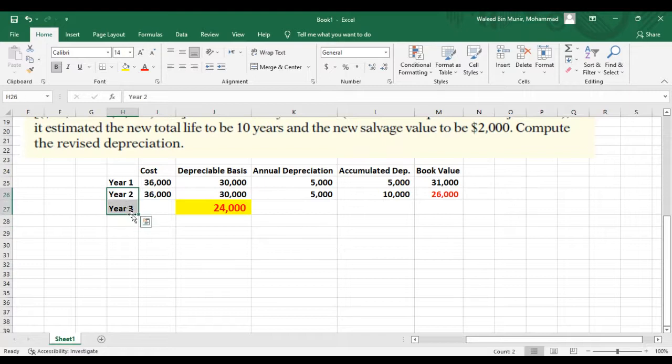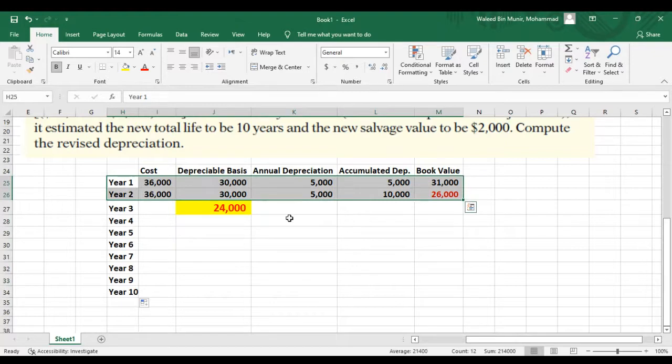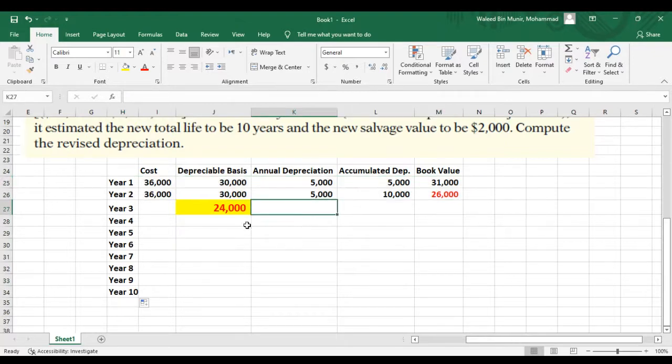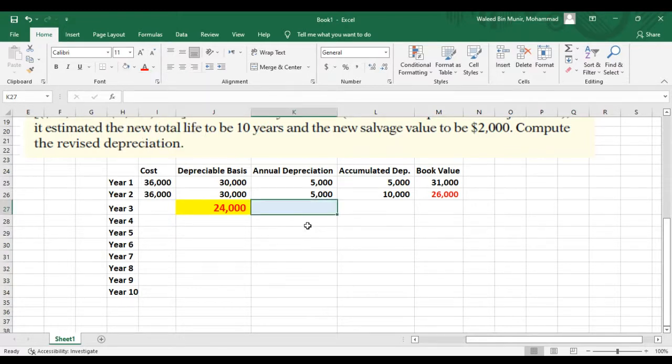Instead of 3 years, you say no, it is now 10 years. So of course here we will not make any change. Changes will be here. Now what will be our annual depreciation? What will be the number here? What will be the annual depreciation?